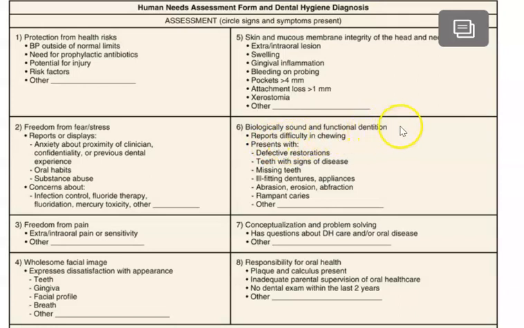Biologically sound and functional dentition. So this is to do with teeth and only teeth. If they say that they have difficulty chewing, that's a problem with their teeth. If you see that they have overhangs, that's a problem here. If you see that they have cavities, so caries, teeth with signs of disease, typically caries, that goes under here.